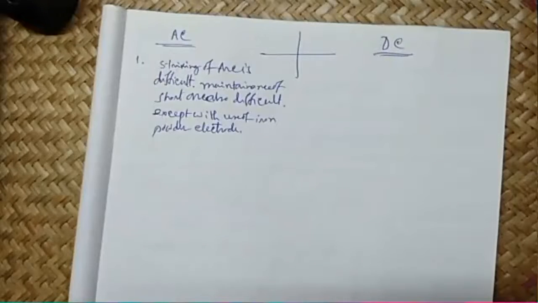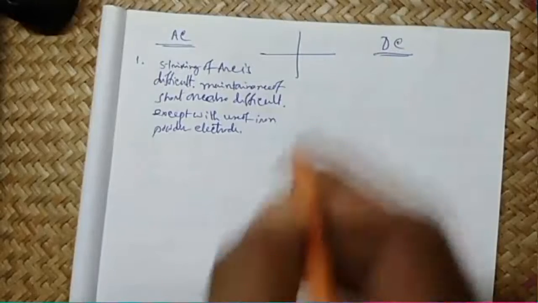That means when you are using an electrode coated with materials which stabilize the arc, like iron powder, Al2O3, and other things we have already discussed in the flux material topic, then you can use AC arc welding and get a short arc.